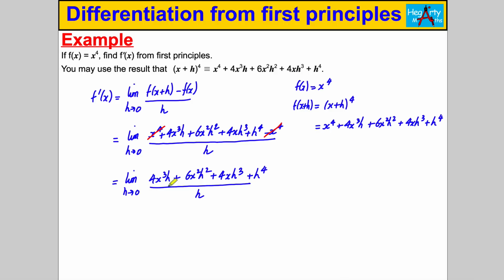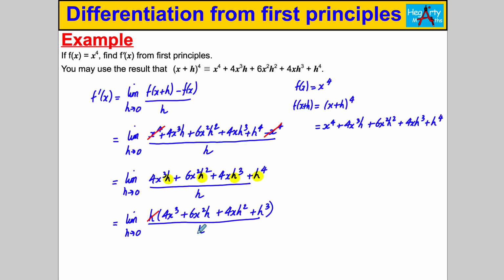Again, with these, we often spot a common factor, and there's a common factor of h floating around, which we can factor out of the numerator. So this is the limit as h tends to 0 of h times 4x cubed plus 6x squared h plus 4xh squared plus h to the power of 3, all divided by h.